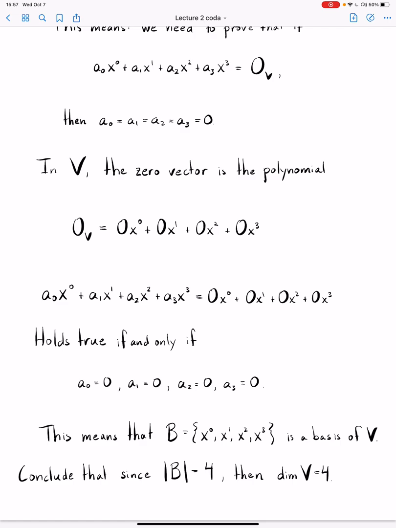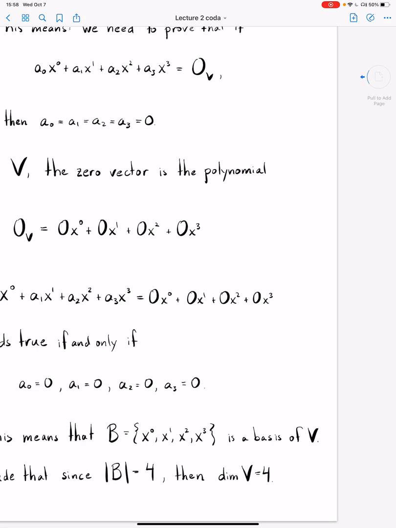And so that's an example of using this theorem on the connection between the size of a basis and the dimension of the vector space containing that basis in order to actually compute the dimension of some given space. Okay, and now what about part B? Okay, so this is question 2B.